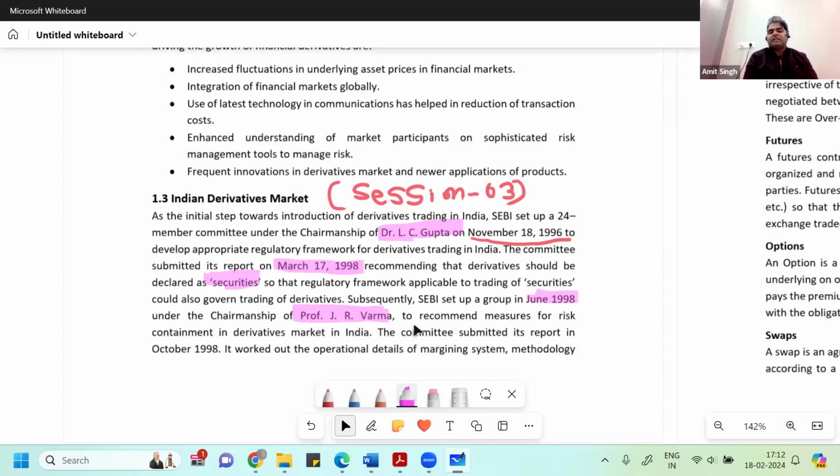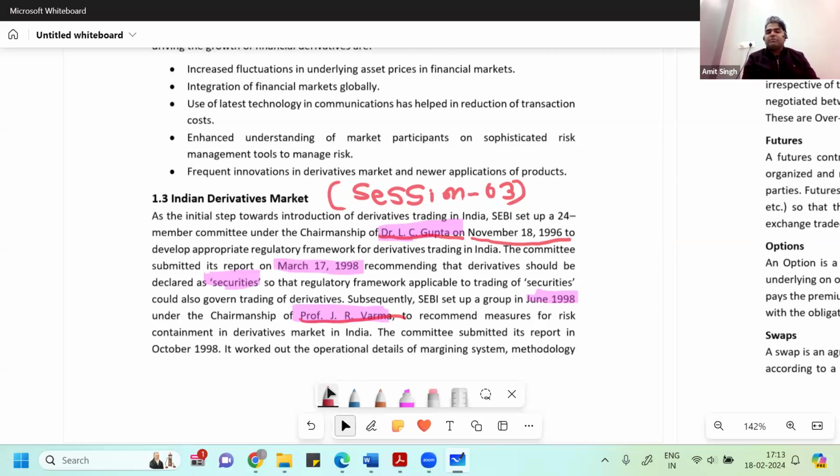The LC Gupta committee suggested that we can allow trading of derivative and submitted the report in March 1998. Then in June 1998, SEBI created another committee under Professor J.R. Verma. His work was to let the government know what risk management mechanism they needed to create so that derivative can be allowed for trading purpose.